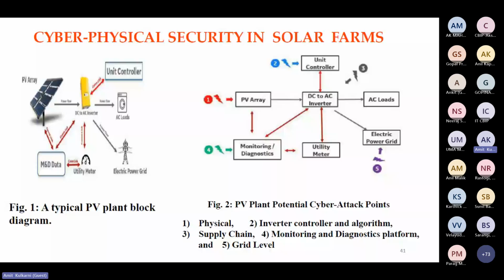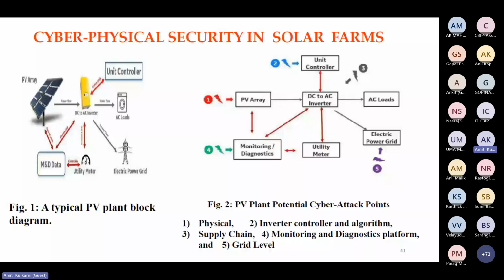So the first one is the physical solar array itself. The second one is the inverter controller and algorithm. The third one is the supply chain, whatever components are going to be supplied. Then the monitoring and diagnostic platforms, as you have to monitor how the sun is, how the solar panel position should be, and what data points and data sets we need to observe to have maximum tracking.